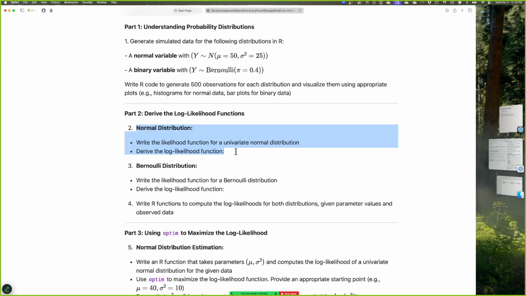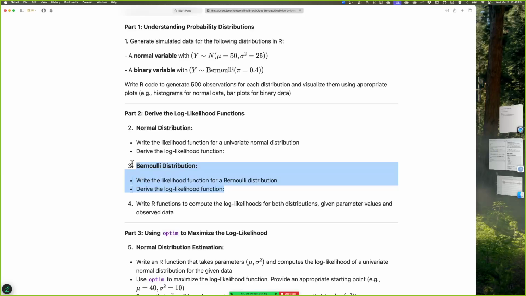And dnorm has an option called log. Does the result come back as a log? And the answer is yes. True, you want that. So what these functions are really going to contain is a sum of the dnorm function with log equals TRUE for each person in your sample if you give it a mean and a standard deviation, because dnorm needs a mean and a standard deviation.